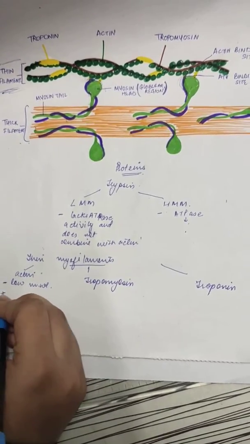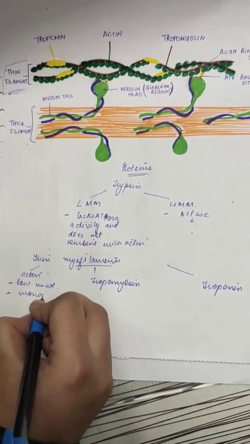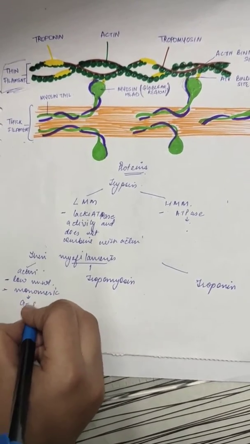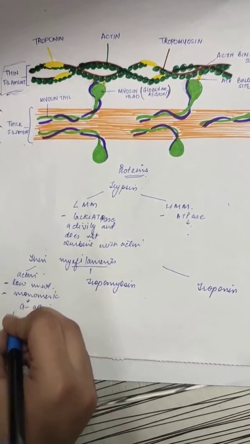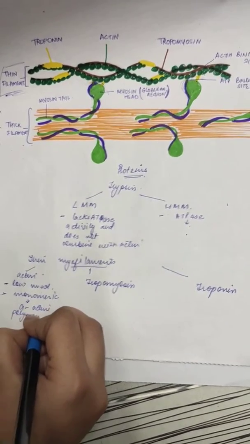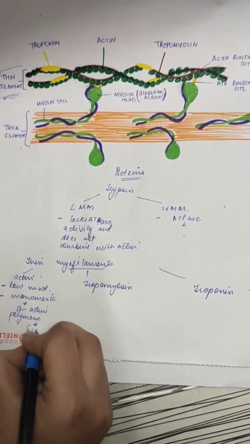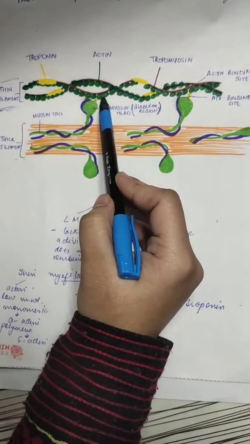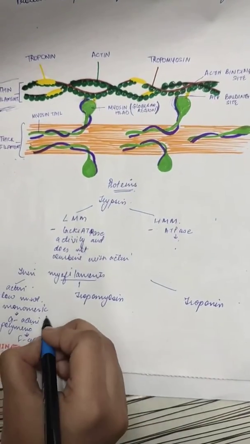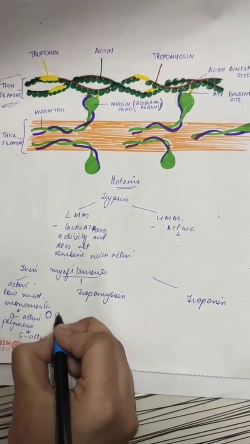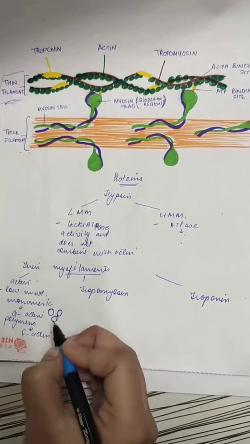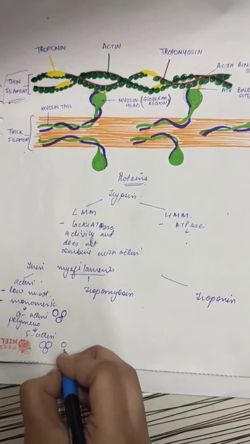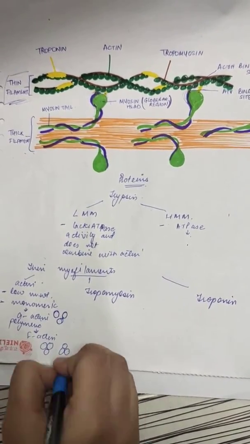It occurs in two forms: the monomeric form, also known as G-actin, and the polymeric form, known as F-actin. Like this, these are the actins. If present individually, they are known as G-actin. If present in a bundle, this is F-actin.